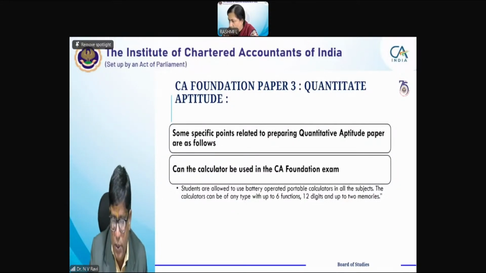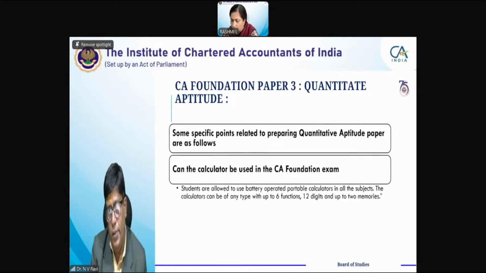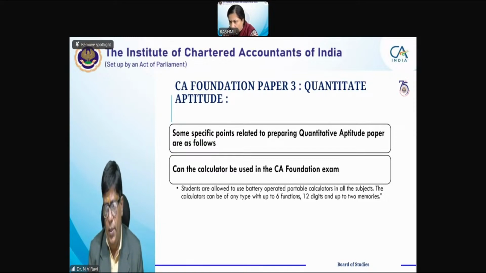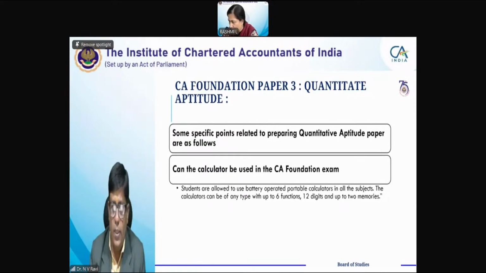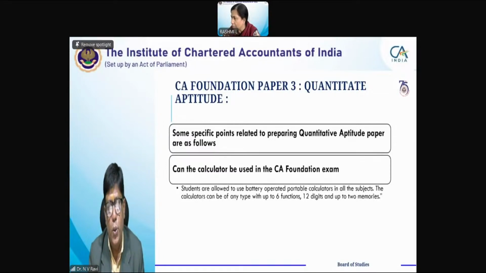Now I proceed to the next one, whether the calculator is allowed or not. Calculators are used especially in topics like the time value of money, where values pertain to present values and future values.